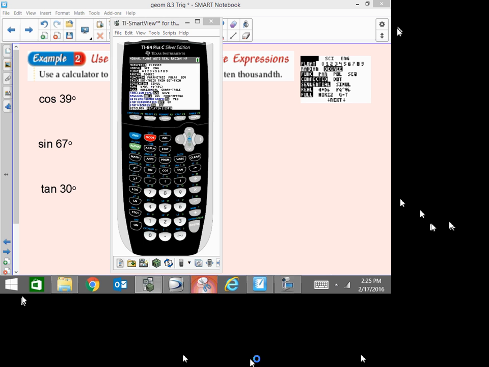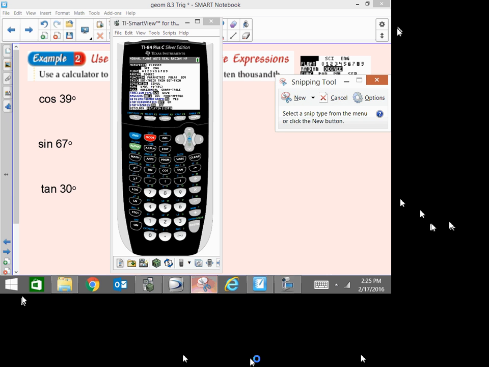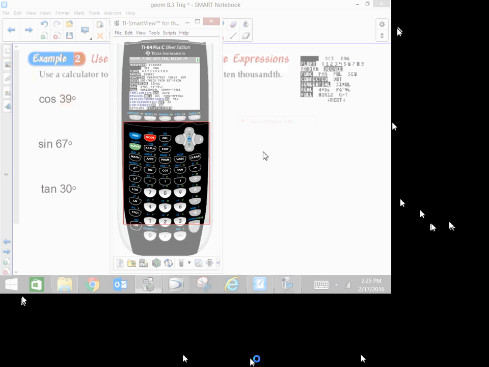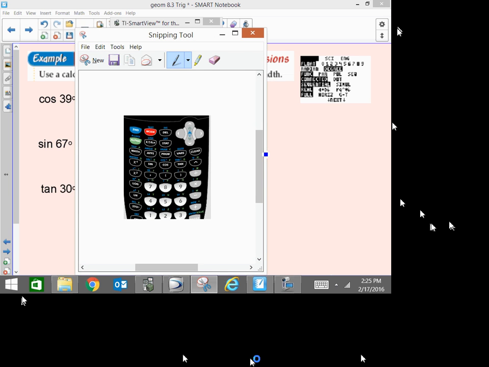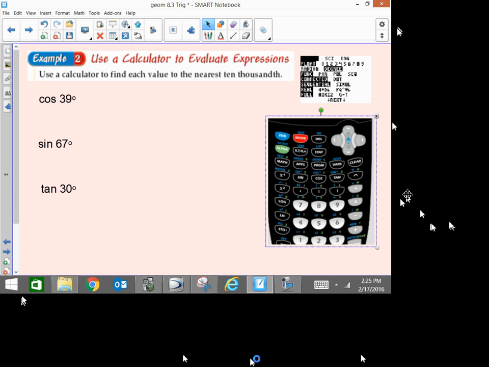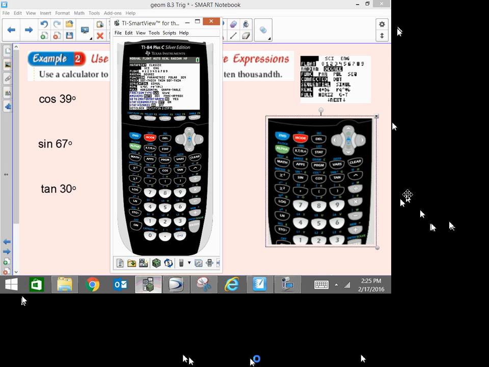If you've never messed with this, it's probably not on the right mode. This mode button right here. See, this says degrees. We are in geometry, we mess with degrees. So when you press the mode button, what is highlighted down here on the fourth line? Is it radian or is it degrees? Degrees. Okay, then you're good. You don't have to do anything else.